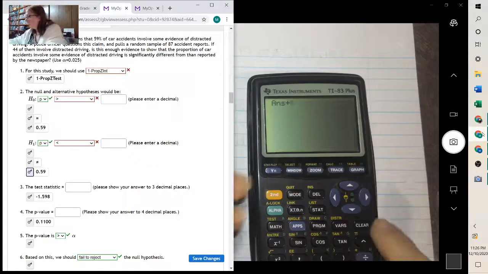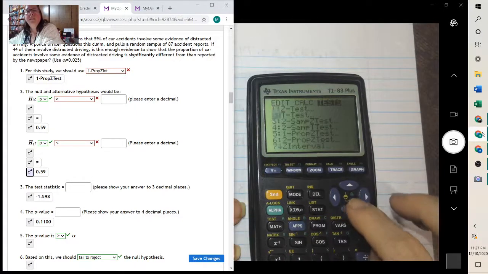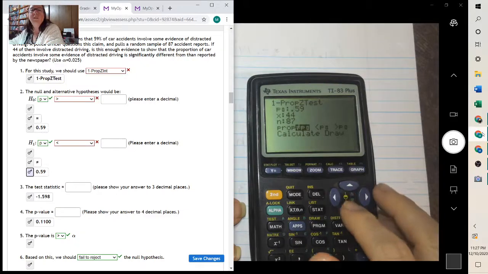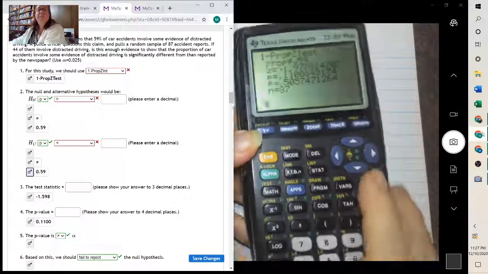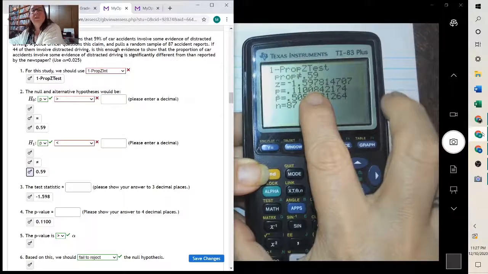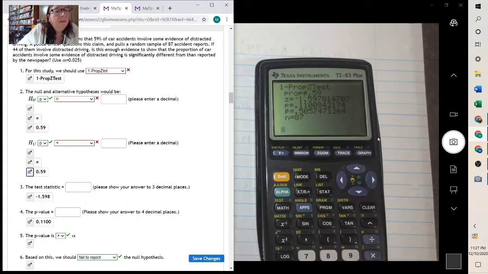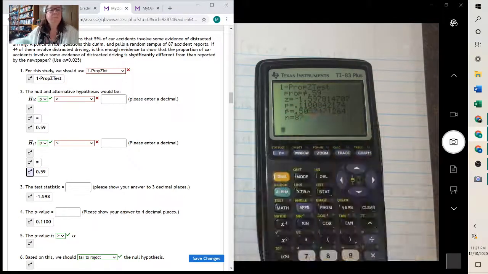Whoops, I hit the wrong button. Stat, over to test, down to number 5, fill everything in, calculate, and then you hit enter. Notice it gives you your Z value. The test statistic is the Z value, negative 1.598.